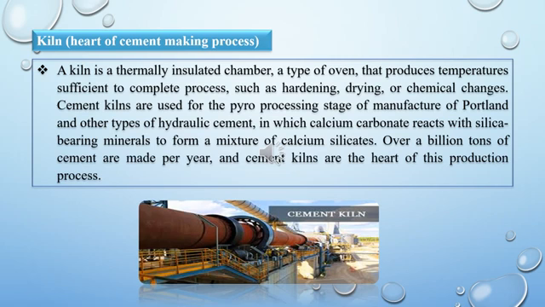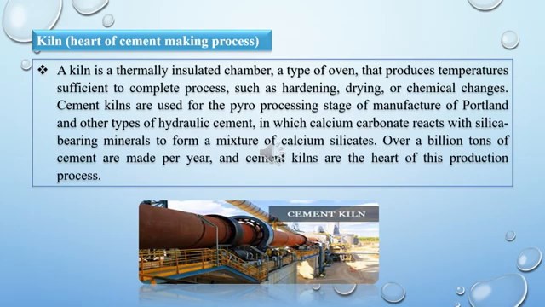Kiln, the heart of the cement making process. A kiln is a thermally insulated chamber, a type of oven that produces temperature sufficient to complete a process, such as hardening, drying, or chemical changes.